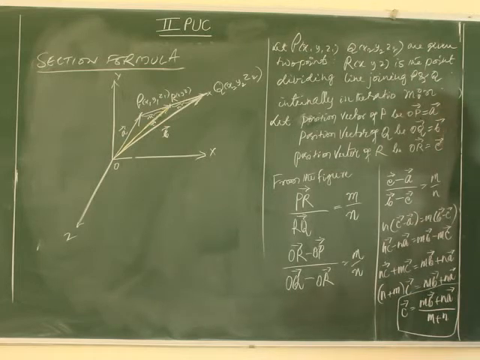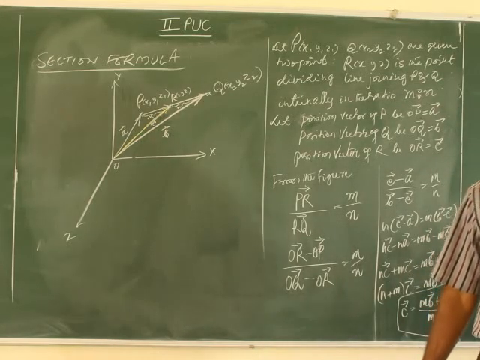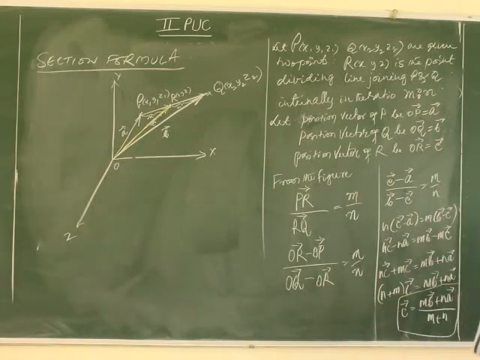Instead of erasing the figure, I have written the derivation here. Make it clear: C equals (mB plus nA) divided by (m plus n). Yes? Shall we have an example on this?